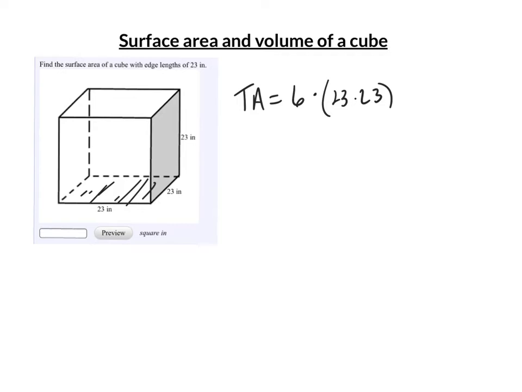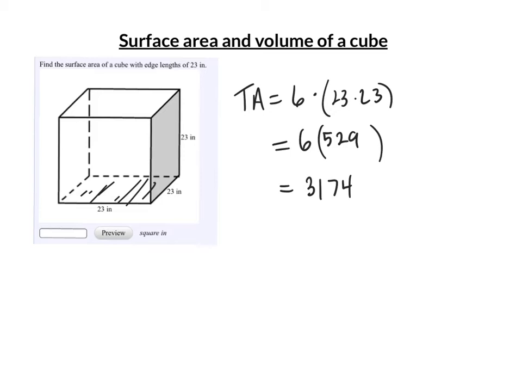So this ends up being 6 times the area of one of the faces. 23 times 23 is 529. And 529 times 6 is 3,174.